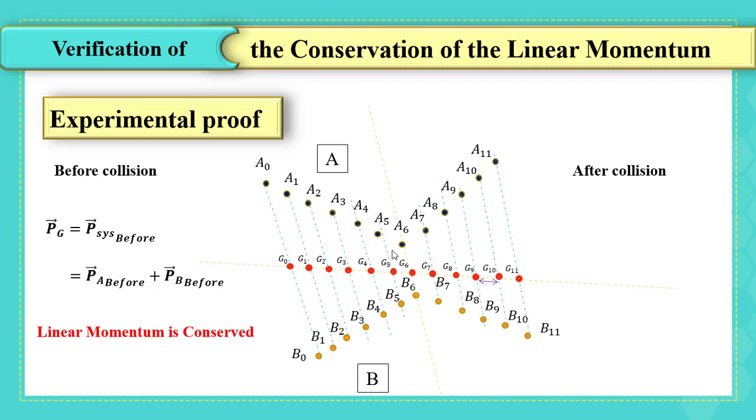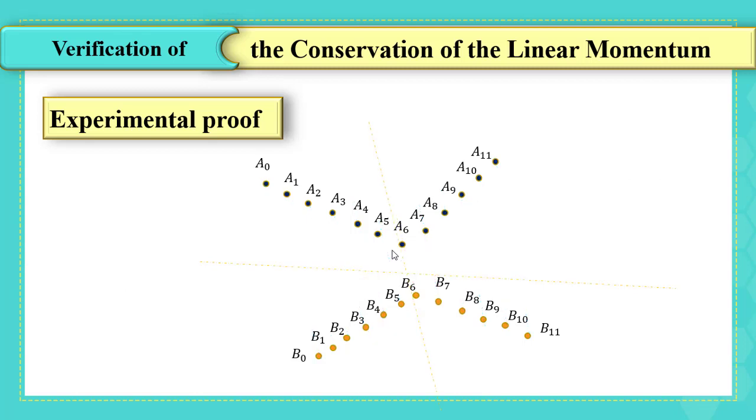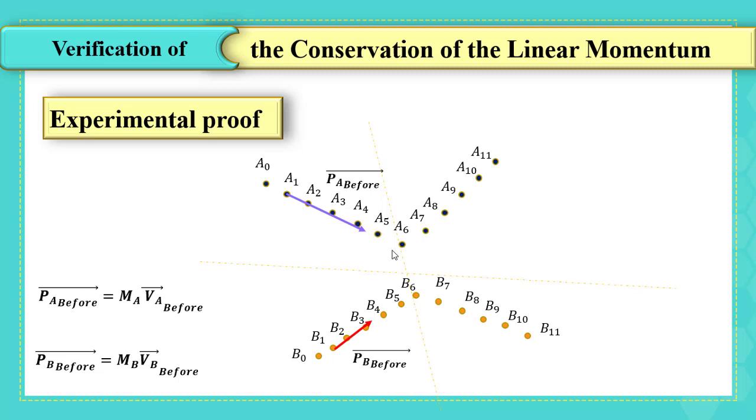This is a method. But if we don't know the line joining the center of mass, can this be verified? The answer is yes. Let's try to make the study. Remember that the linear momenta of A and B are vector quantities, and they are non-collinear vectors. Hence, we should represent their vectors considering a scale.